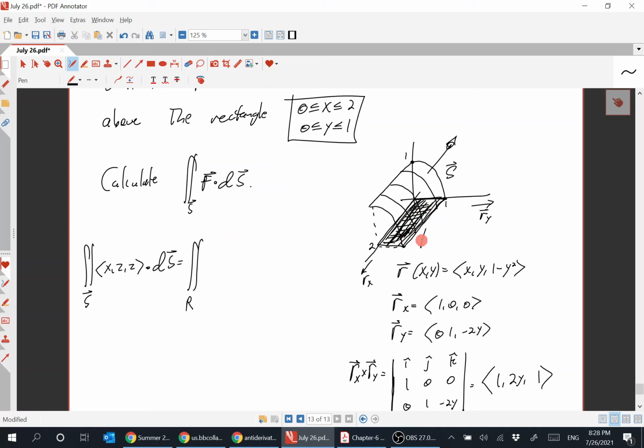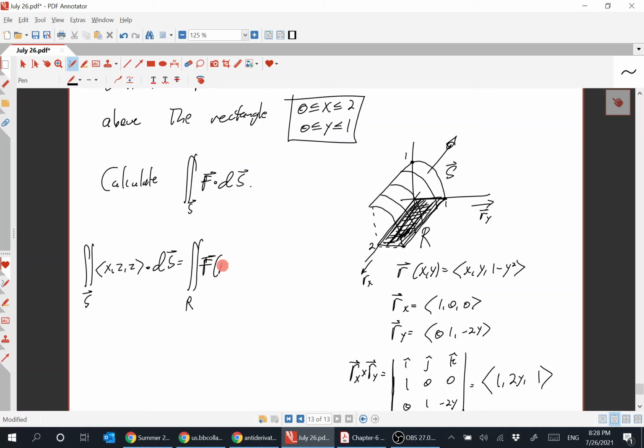So that's my domain R for the standard parameterization, the shadow of that surface in the xy plane. Let me write it out.